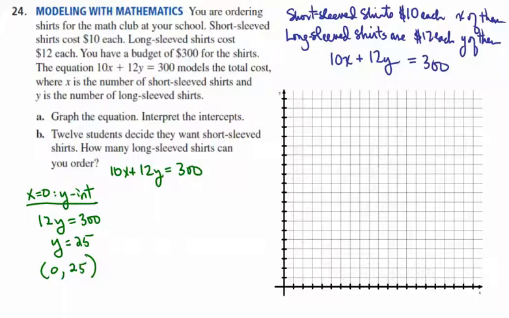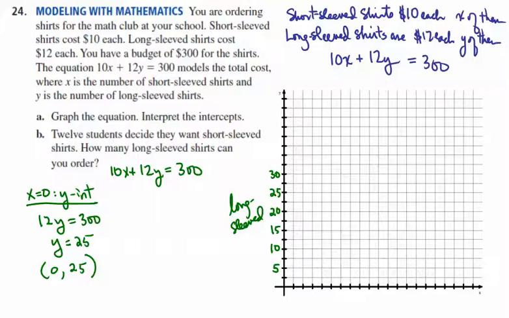Now I don't think we have enough space on our y-axis to graph by 25s. So maybe I'll let every other one be a 5, 10, 15, 20, 25, etc. Along the y-axis, we'll call these long sleeve shirts.